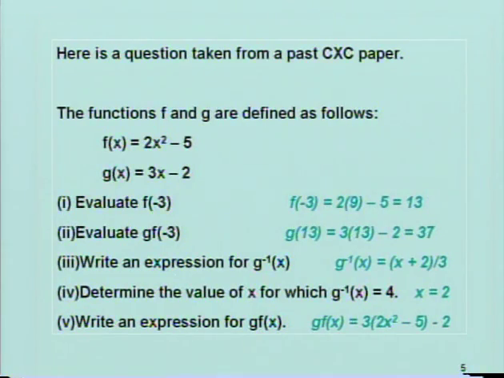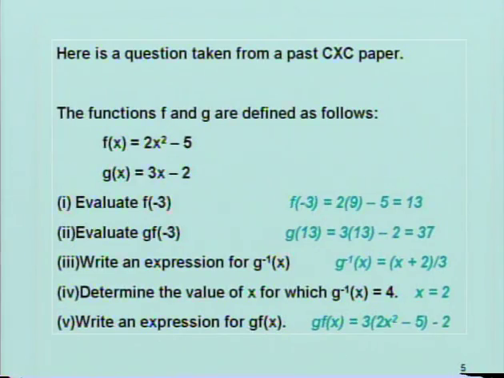If you remember that, the inverse then would be x plus 2 all divided by 3. If you can't do it mentally, then you will exchange x and y values and then solve for y to get the inverse.